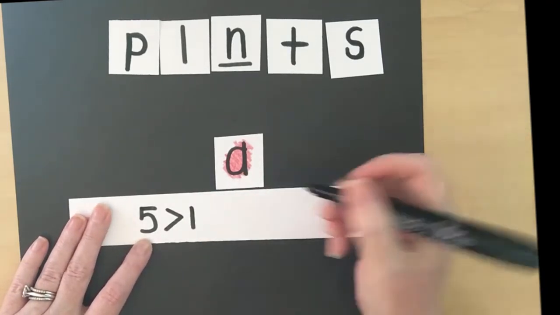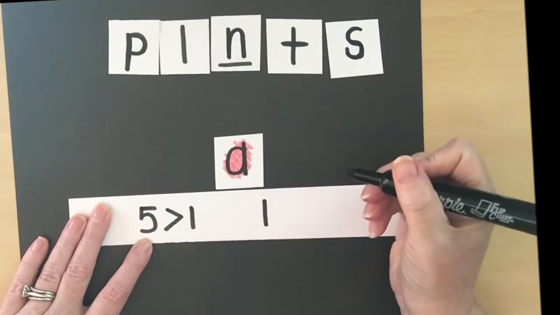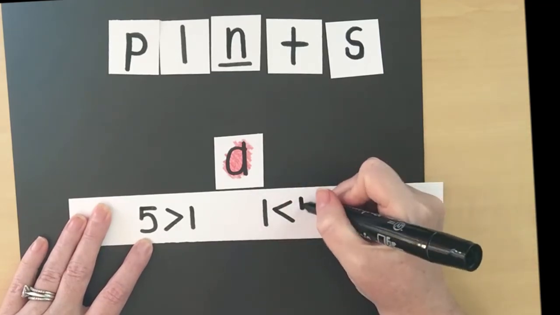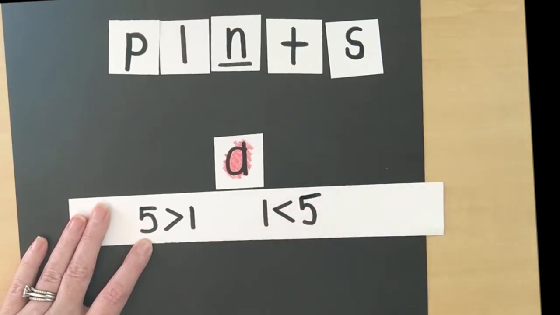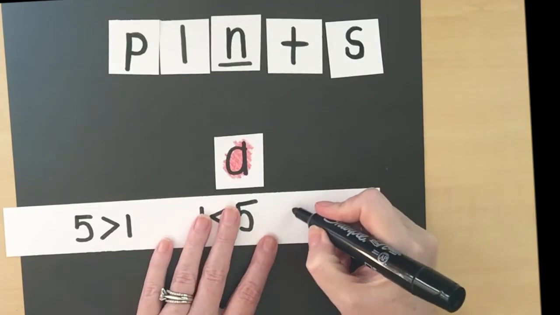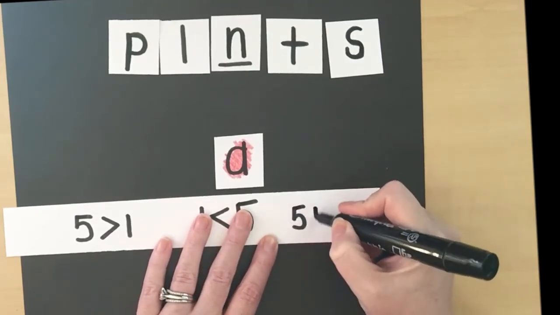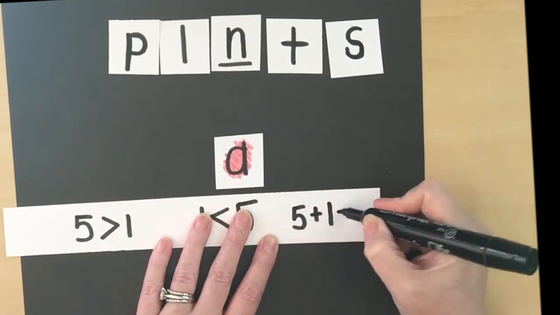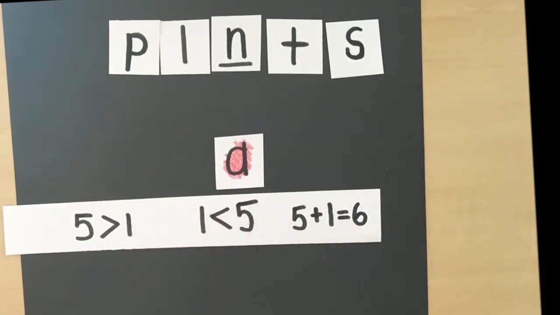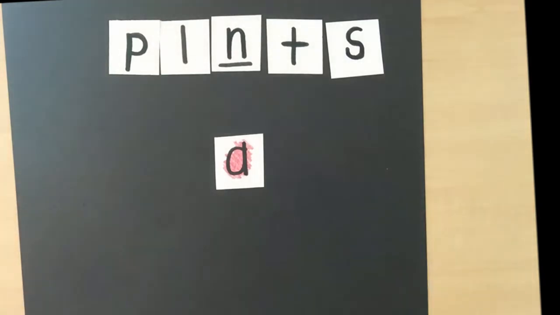Or we could write it this way: 1 vowel is less than 5 consonants. And if we wanted to add them all together, we could add 5 plus 1 equals 6. We are using 6 letters today in our word building.